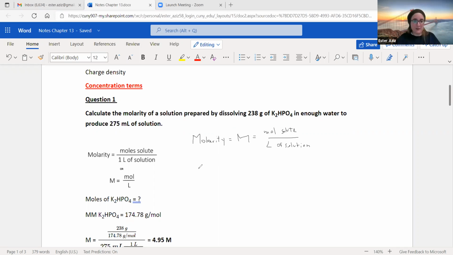Okay, and then you also have molality, with an L instead of R. Molality is symbolized by a small m, and that is equal to moles of solute over kilograms of solvent.